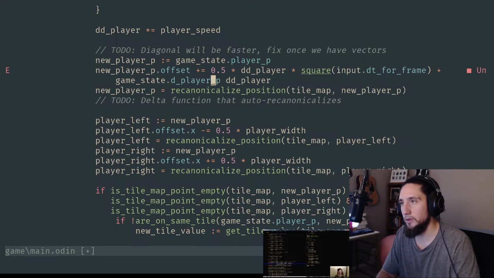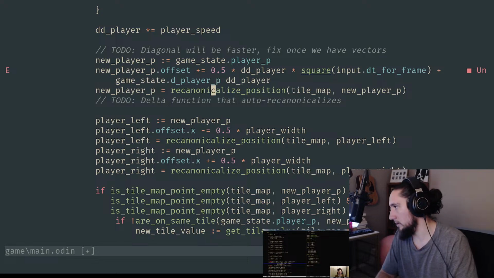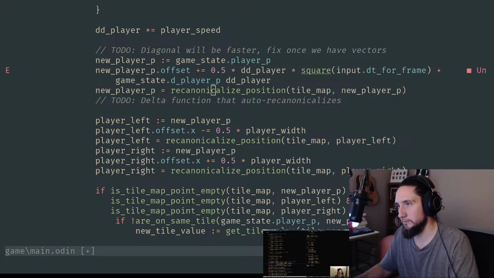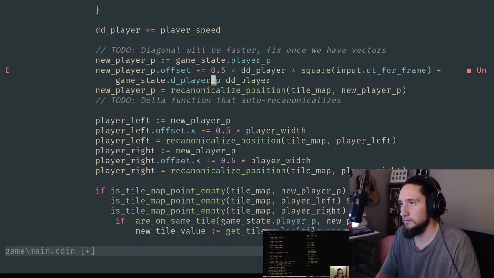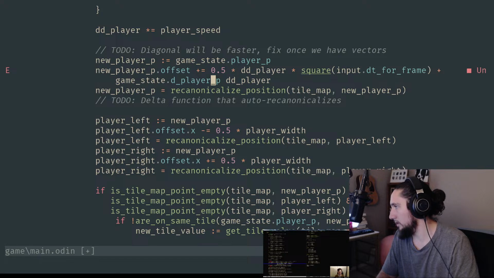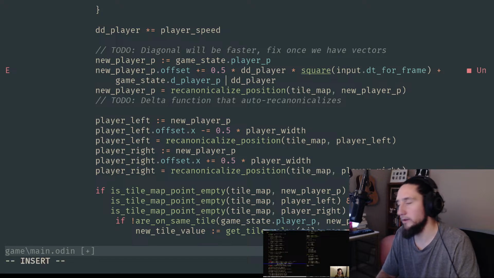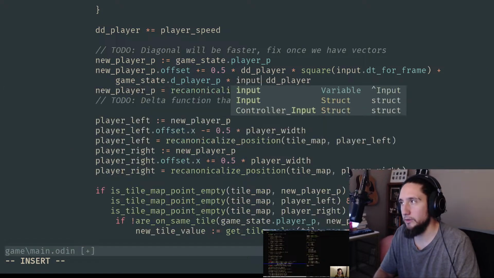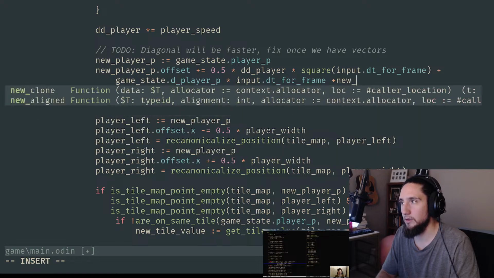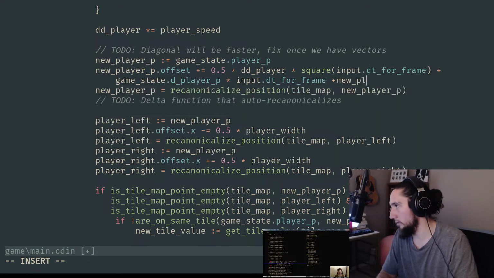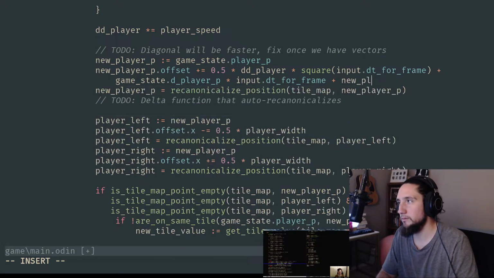Did I call that delta player p or delta player? What did he call it? He did call it dPlayerP. Okay, so he just hadn't had a chance to finish writing that out. Plus or times input dt for frame, plus the new player p, or would that be the old player p?